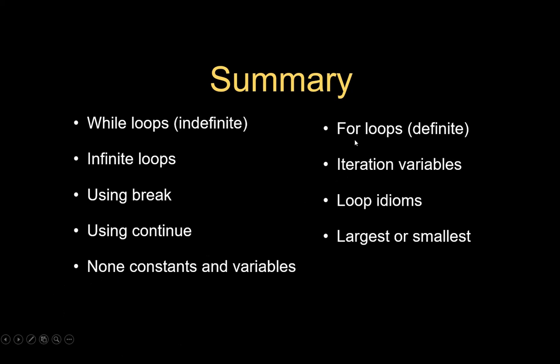We talked about for loops, the ones that are definite, the ones that go through a specific, finite set. We talked about iteration variables, we talked about loop idioms, and we saw how we can find the largest or smallest number in a set.